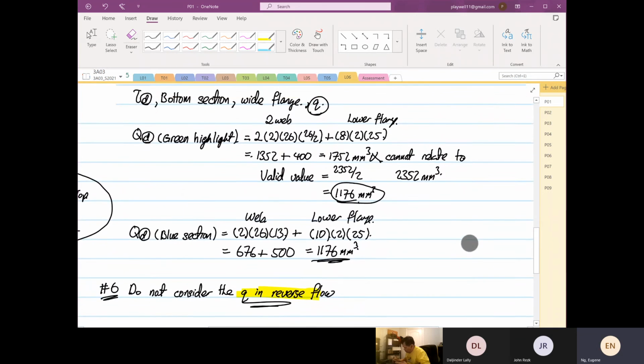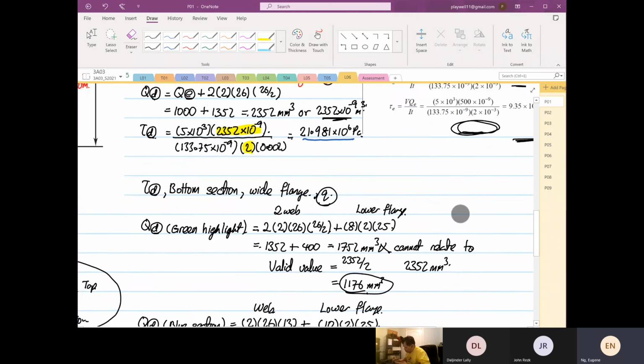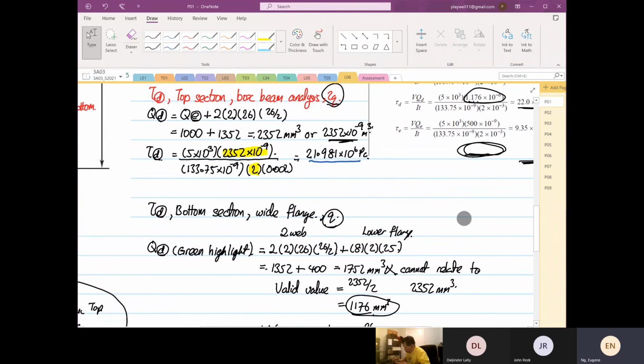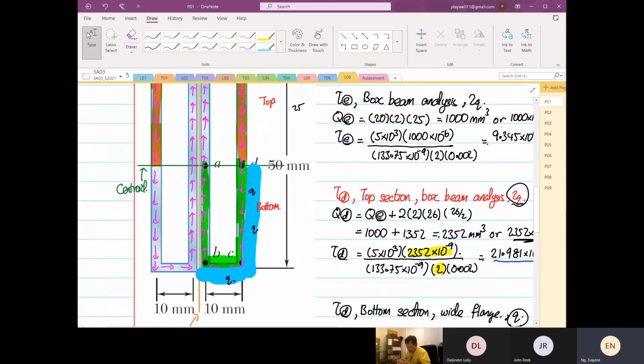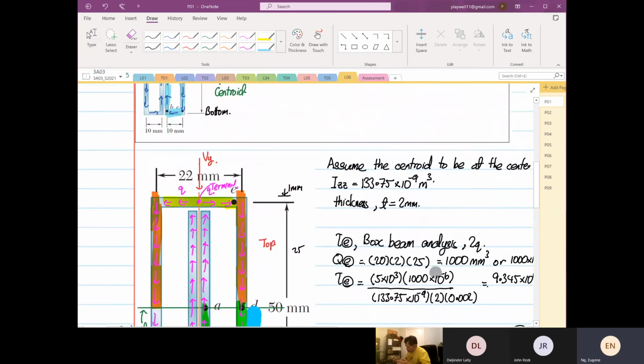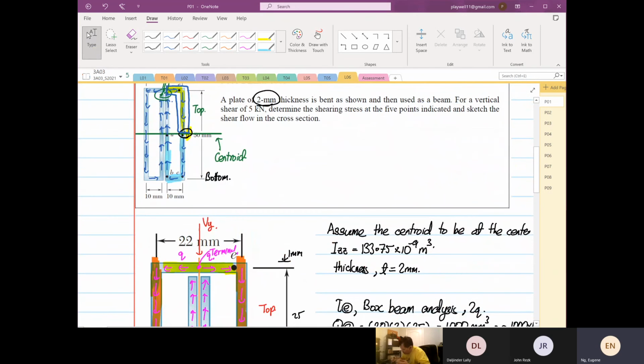Then we did the bottom section. So if we were to take the bottom section, which section do we take?